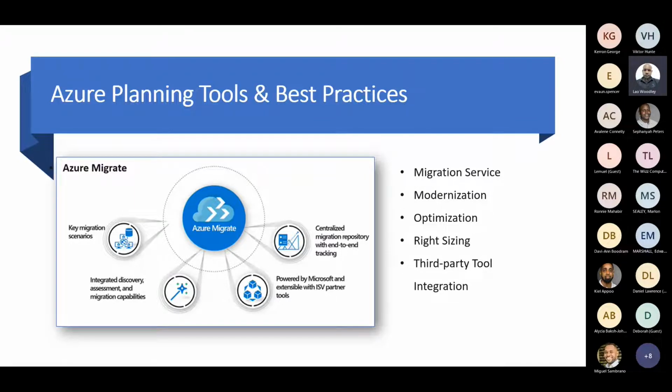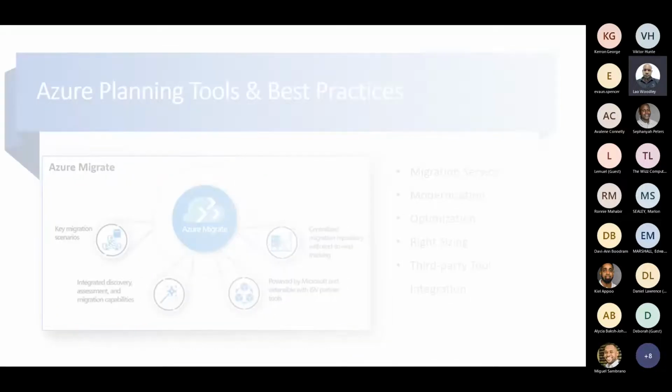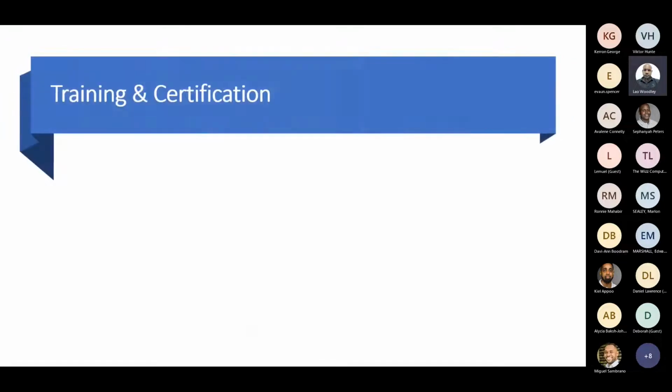So maybe you might be migrating some open source platform or something that may not be readily supported by the Azure Migrate tool. There may be third-party tooling out there offered by the actual third-party vendor. You are able to, from your Azure portal, engage with these tools if they're available through the portal, and now open up your opportunities for moving your workloads into the cloud.